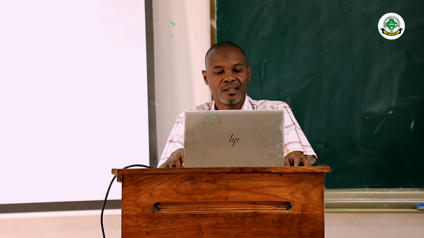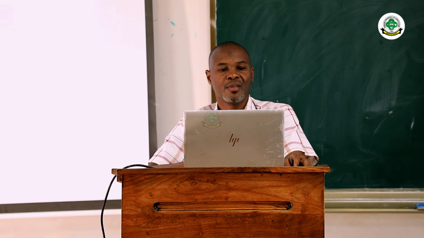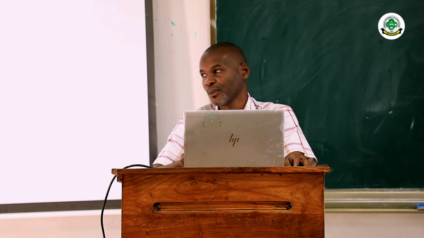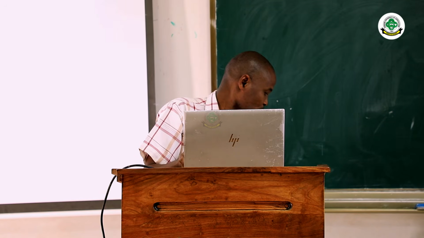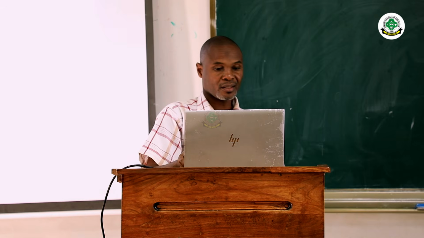So the first part is called the power supply unit, abbreviated as PSU. Here the power supply unit is shown with the letter A. As the name indicates, it's responsible for receiving power from external electricity, like from the socket.